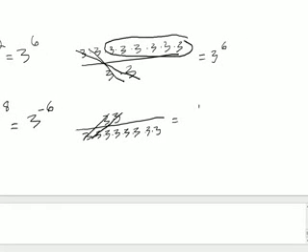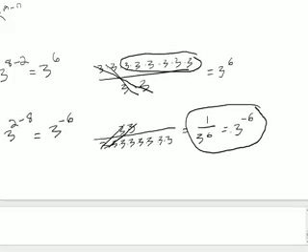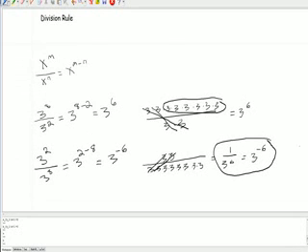That's going to be a 1 left on the top, and then the 3 to the 6. And so we would have this relationship with the negative exponent, and notice that the negative exponent really just shoves something down into the bottom of a fraction. And like I said, we'll talk more about this in a whole nother video.